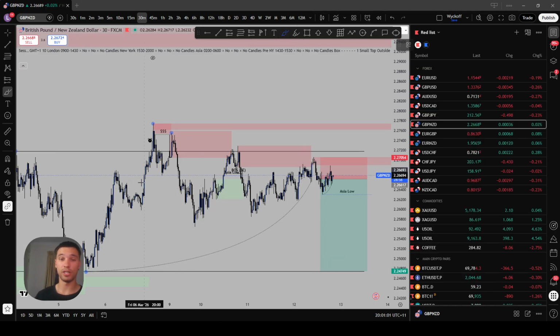All these lows here are just waiting to get taken. These are all stop losses being placed, which market makers love to take.